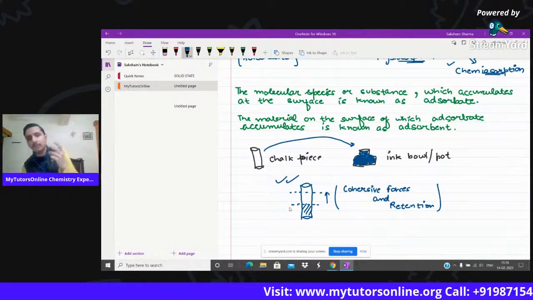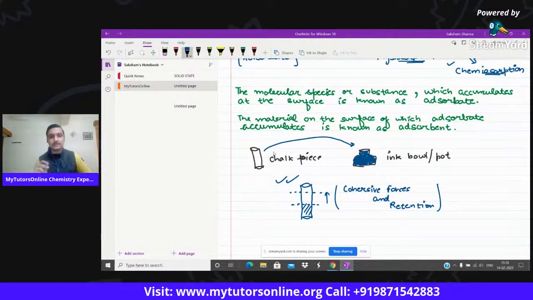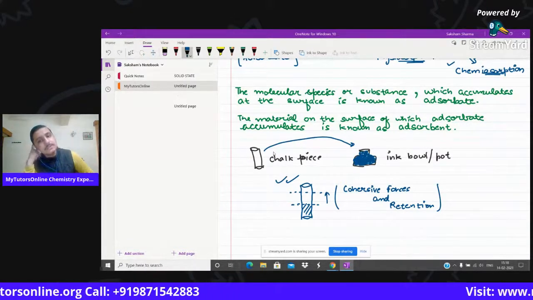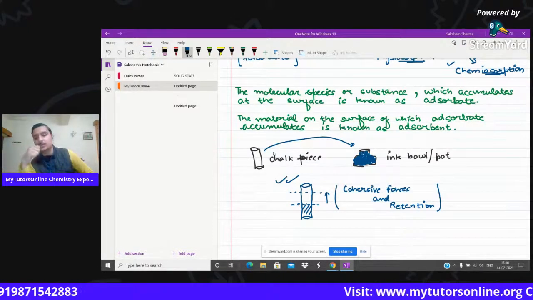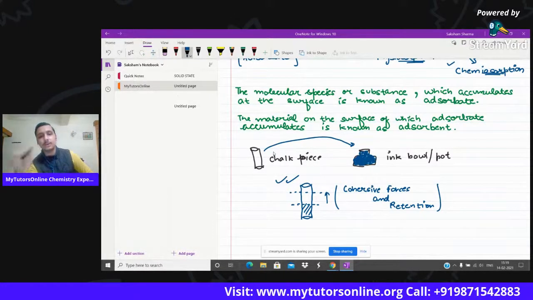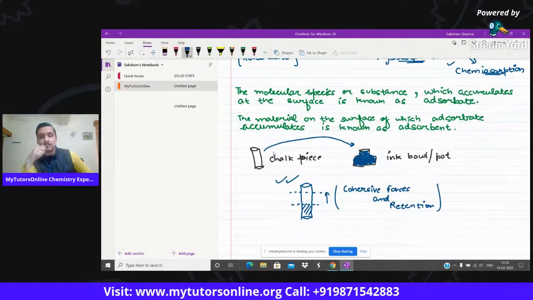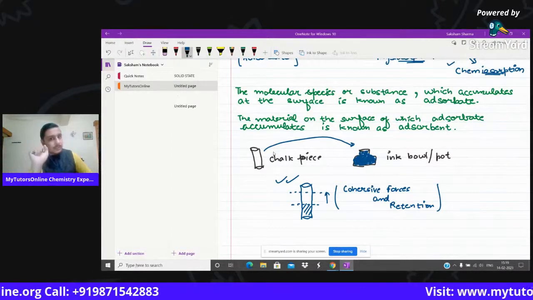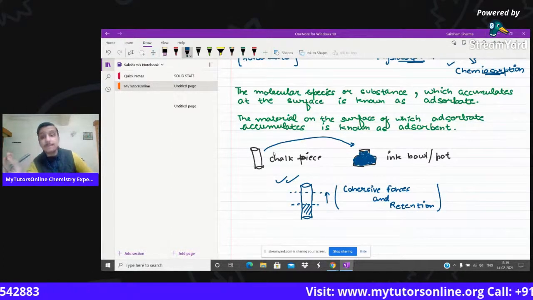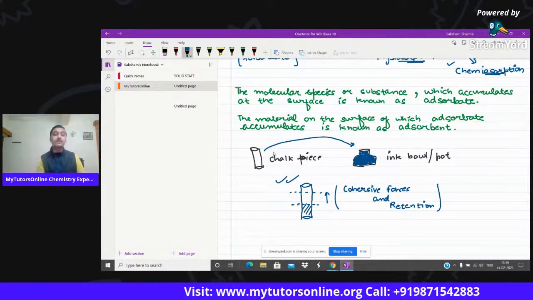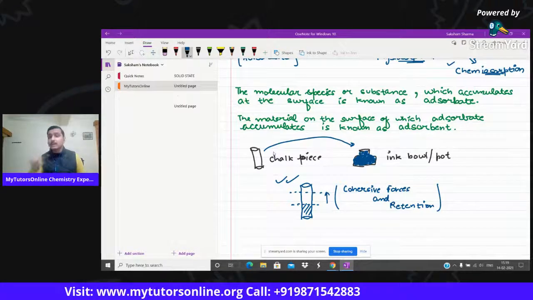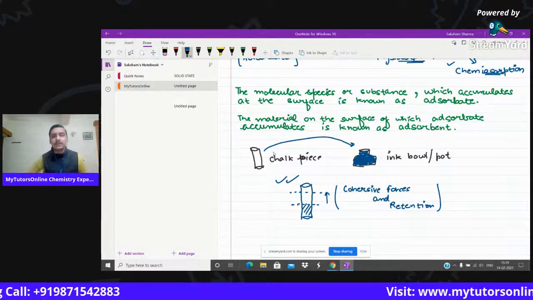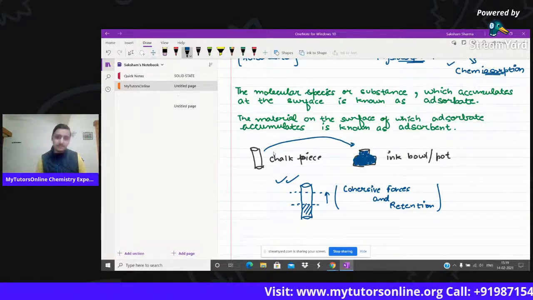Now, what is our subject of concern over here? For CBSE board students, if I tell you to identify what was adsorbate and what was adsorbent, I hope you can tell me that the blue colored ink molecules are my adsorbate, because when you dip your chalk piece in the ink, very small tiny molecules of ink stick on, or accumulate on, the surface of the chalk piece.